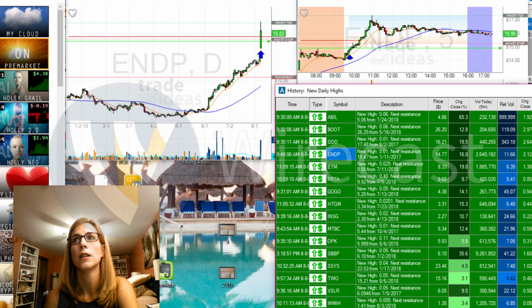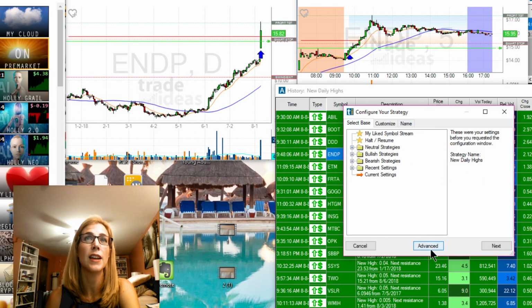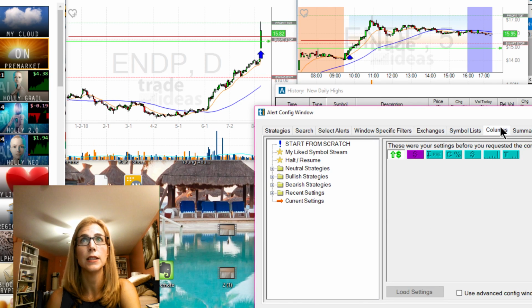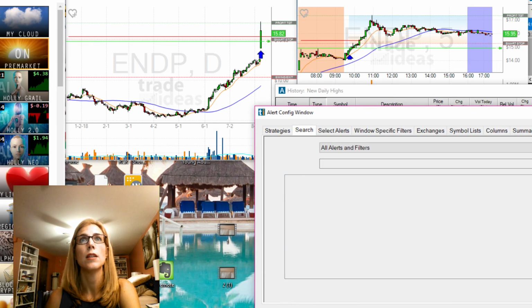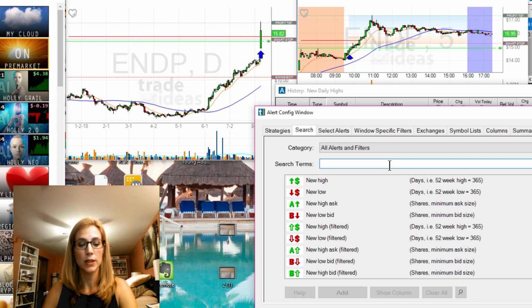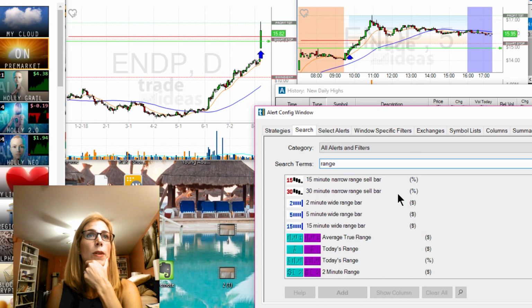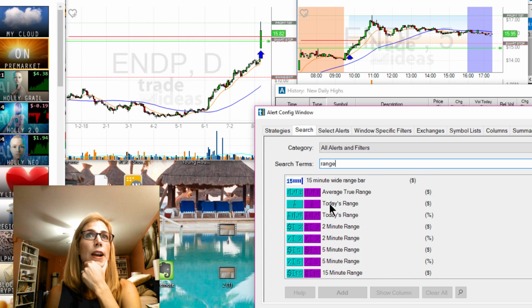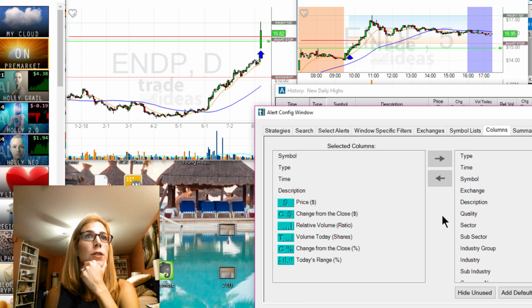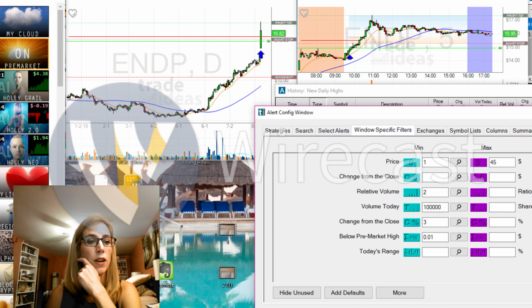And we can configure it and get it down even sharper and say, all right, we want to see the range on the day, right? So we want to make sure that in today's range, we'll show the column, but we'll also add the window specific.